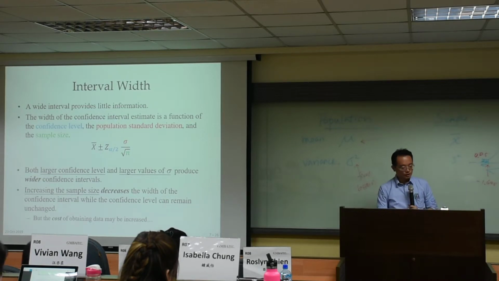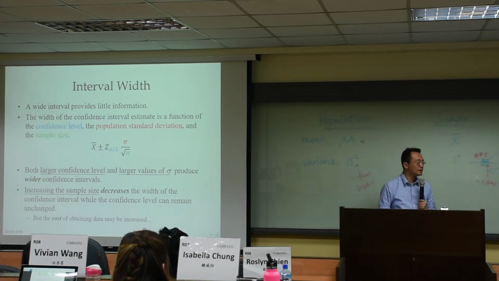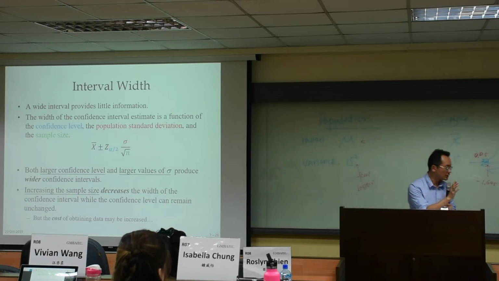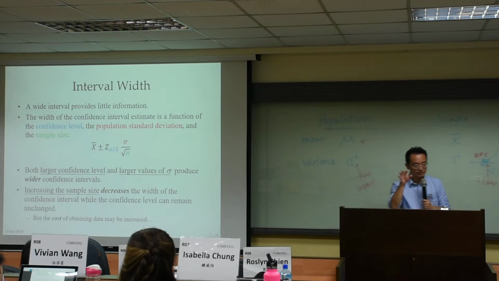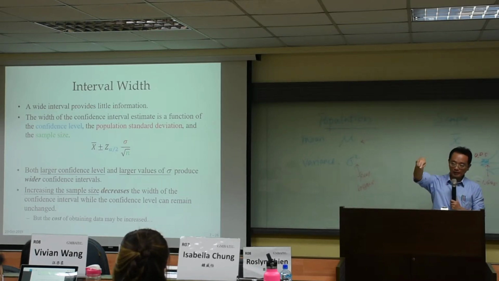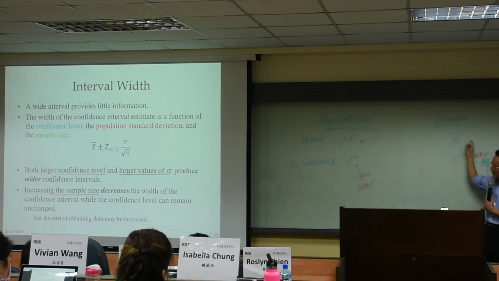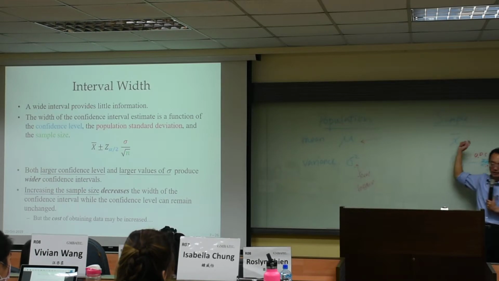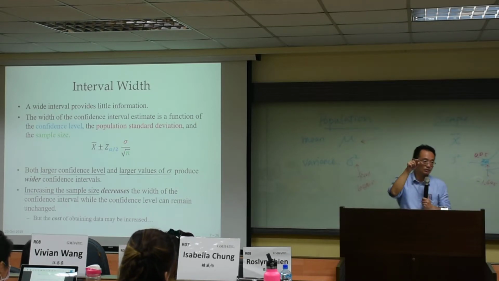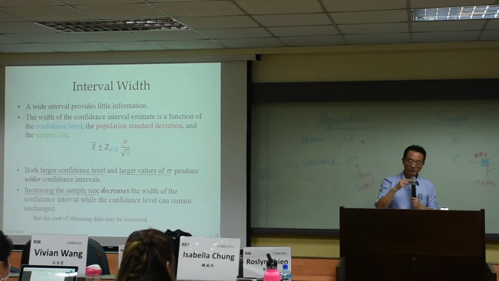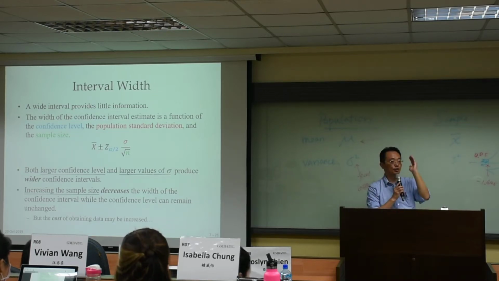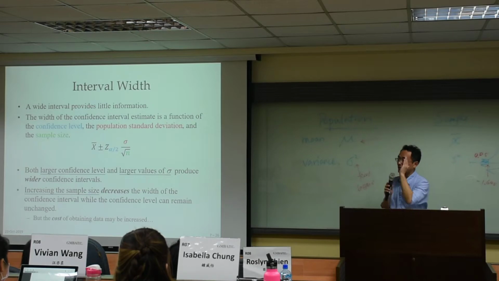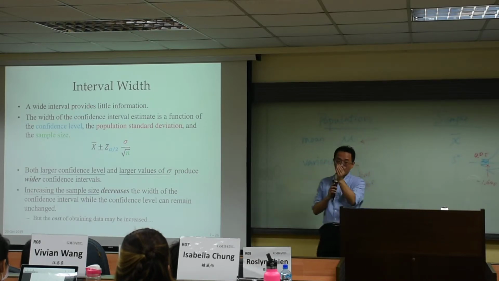So that completes our first section for statistical inference, the estimation part. We have point estimate, quite straightforward, and using these ideas, we create interval estimate, and we call it confidence interval. It's called confidence because we have the value of alpha.